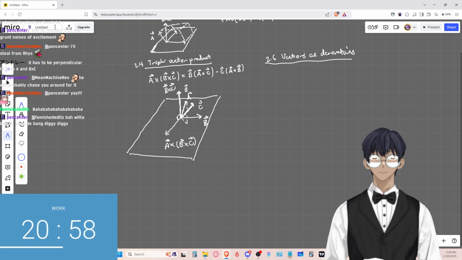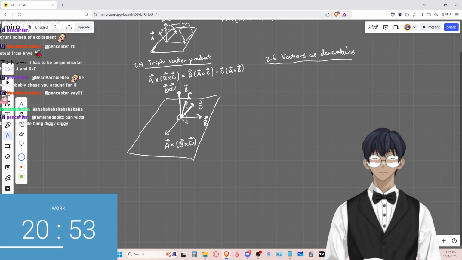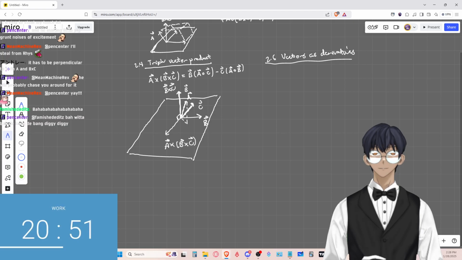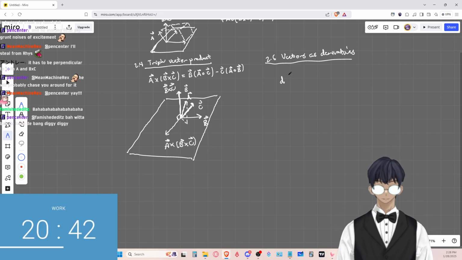Let's see here. Because I think you have to just take the derivative of... Let's see. Final bit of visualization. So the way they write it is like this.